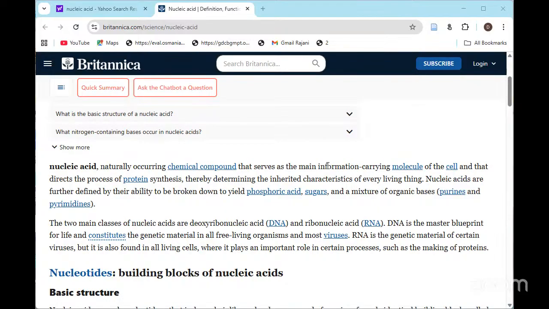Inside the nucleoplasm, chemical structures are present. That name is called nucleic acids.